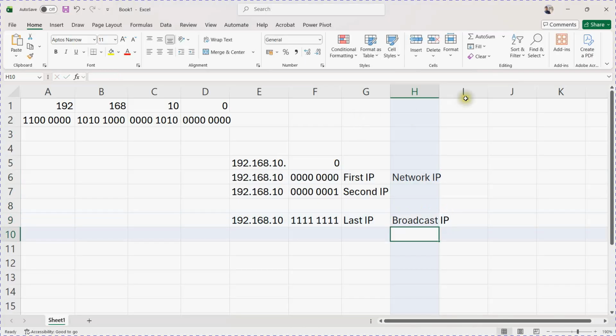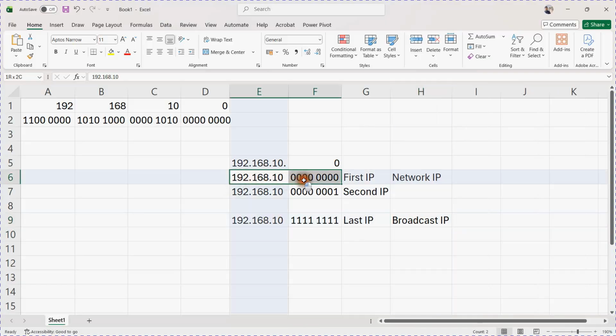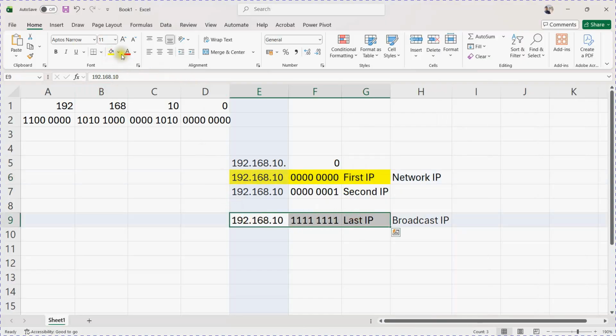You will learn about it in later classes: what it means by network IP and what it means by broadcast IP. Here we are going to subtract these two. Why? Because you cannot provide these two IPs to devices.